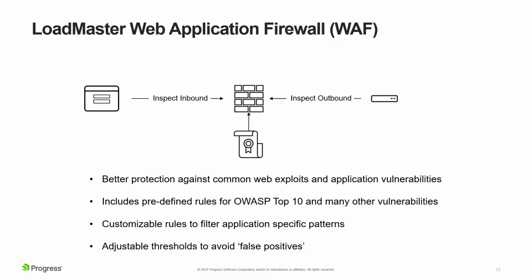There are adjustable thresholds, so you can tweak the settings to avoid false positives, but still block that malicious activity. Now, these custom rules can be created to block traffic, but also to permit traffic, to avoid those false positives. So depending on what you're looking to do, you can create those custom rules to tweak that configuration.